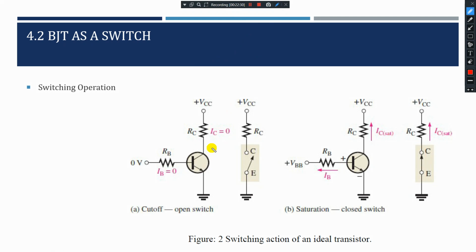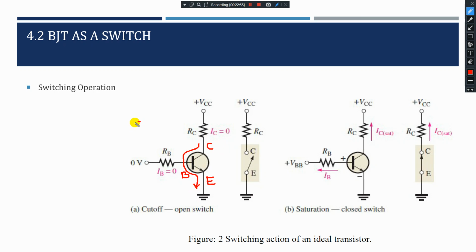So what are the connections we have in a transistor? We have collector, we have emitter, and we also have base. Here the base works as a switch which allows the current to flow from collector to emitter.